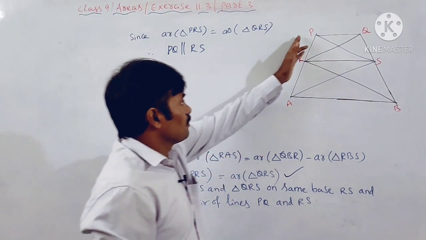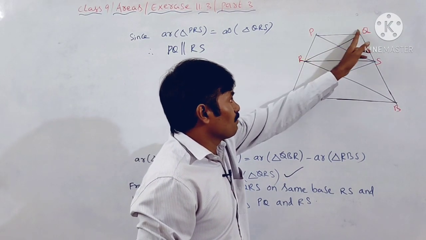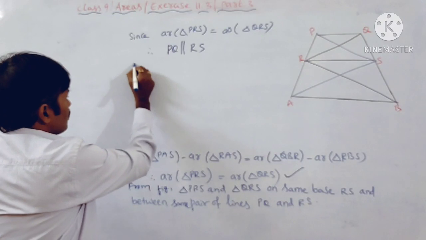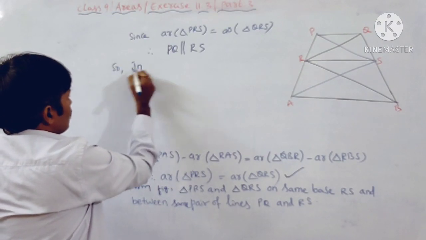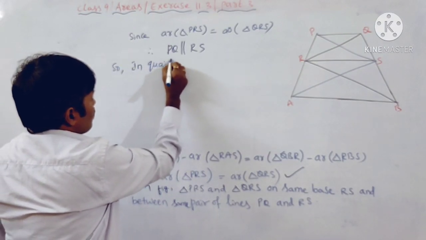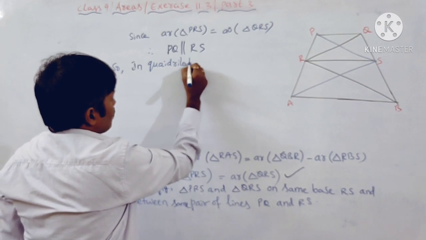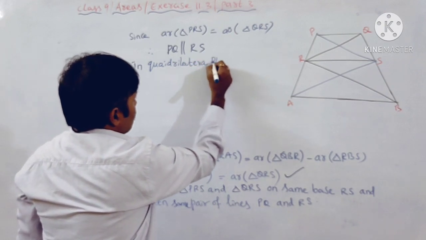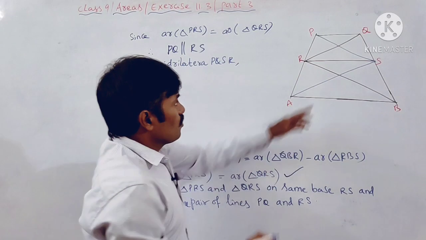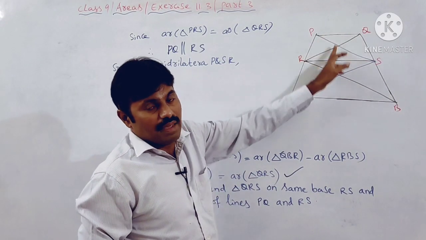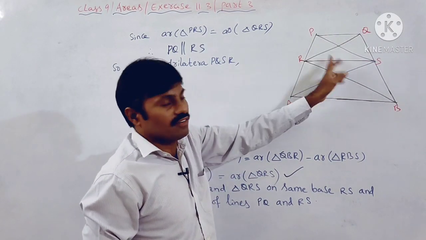That means in quadrilateral PQSR, one pair of opposite sides are parallel. What is that pair? PQ and RS.